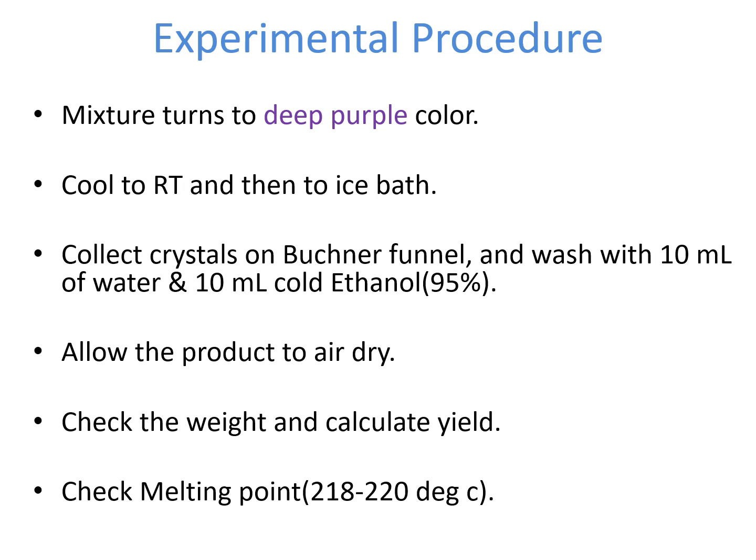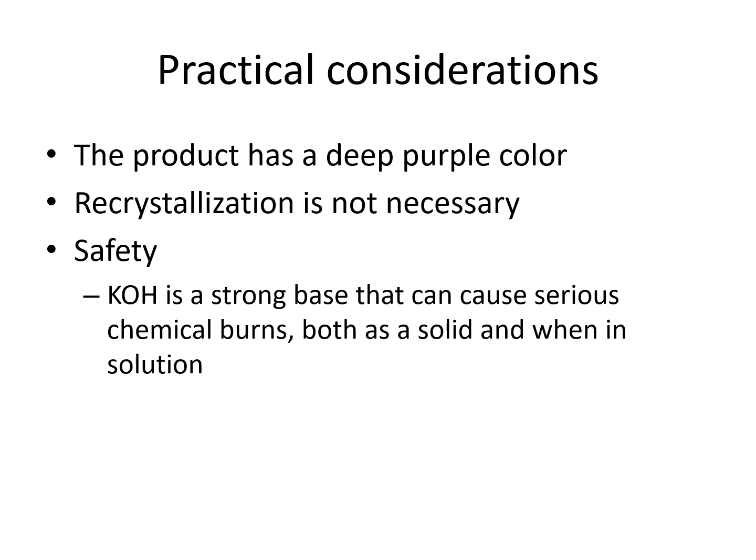We will not be doing any recrystallization, but we will be conducting melting point to see how pure our product is. But for the next experiment we can use the same product without the need to recrystallize it further.